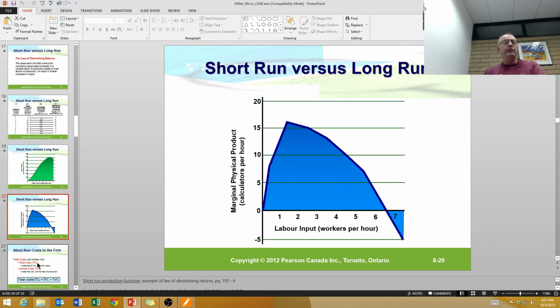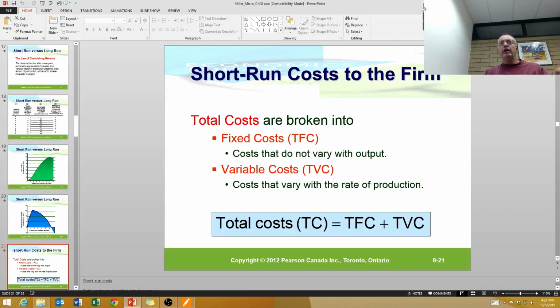And cost behavior relates to outputs. Okay, so one way we can classify costs is dividing them into fixed costs and variable costs.